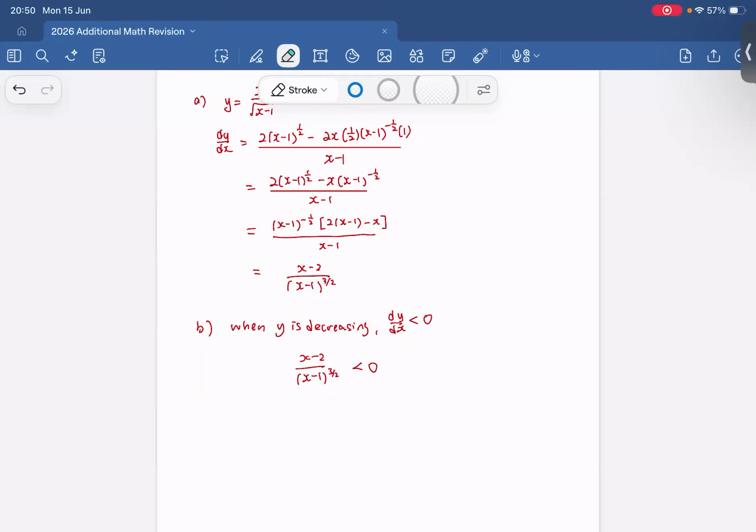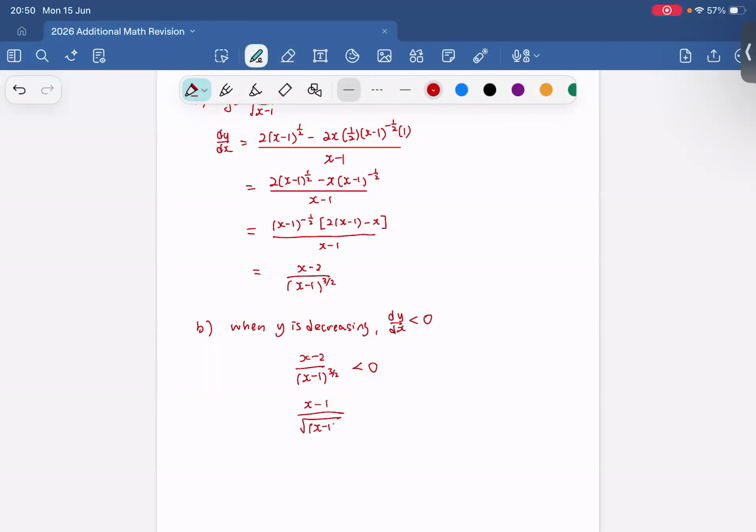We should see it from this perspective: this is actually square root of x minus 1 cubed. I know a lot of you will just multiply this over, but it's not entirely conceptually correct. What we should see instead is that I want the whole fraction to be negative.